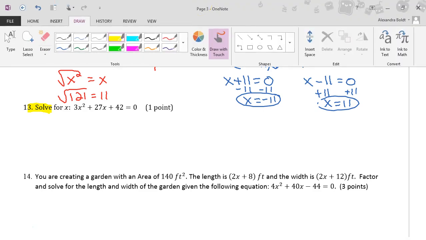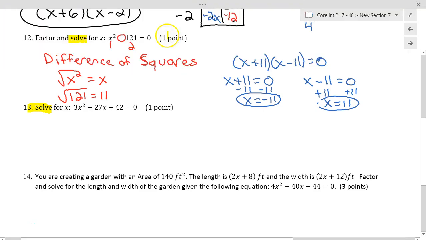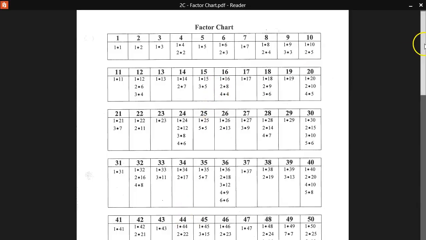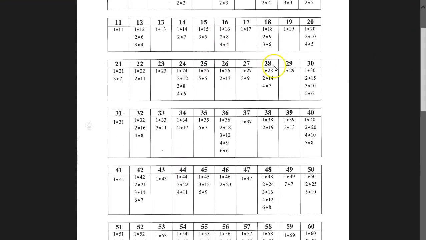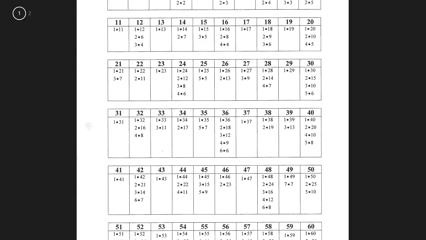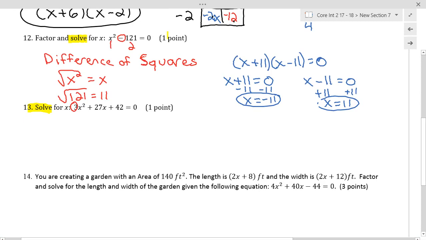Remember, anytime I have a number in front of x squared, I always want to check if there's a greatest common factor. 27 has a 3 in it. 42 also has a 3. So both 27 and 42 can be divided by 3.